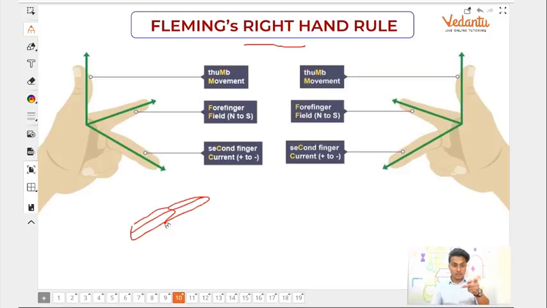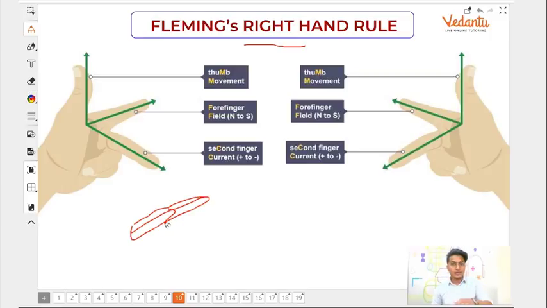Then the thumb gives me the direction of the force being applied on the conductor. Got my point?